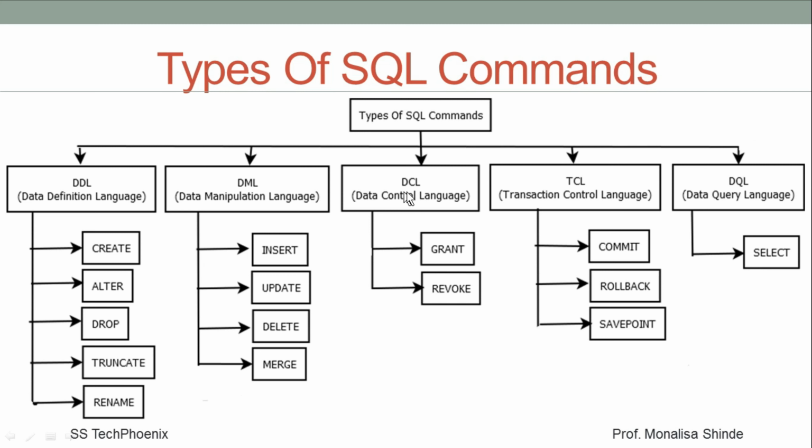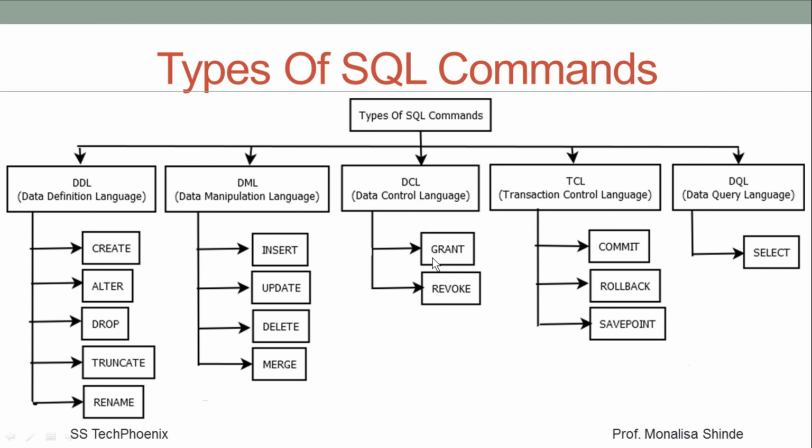Next is Data Control Language. As the name suggests, control, it controls the flow of data. Grant is the command which assigns certain permissions to a group of users or a particular user.